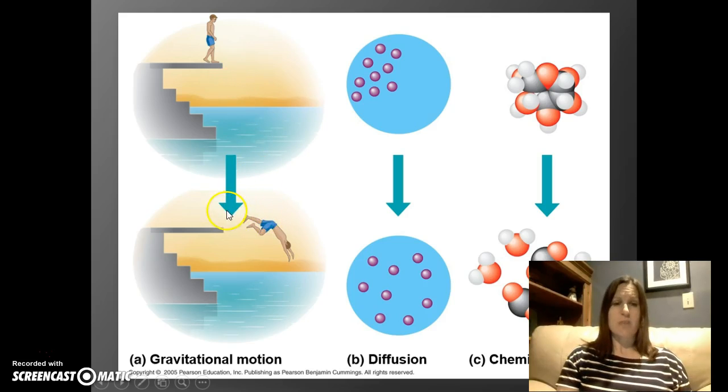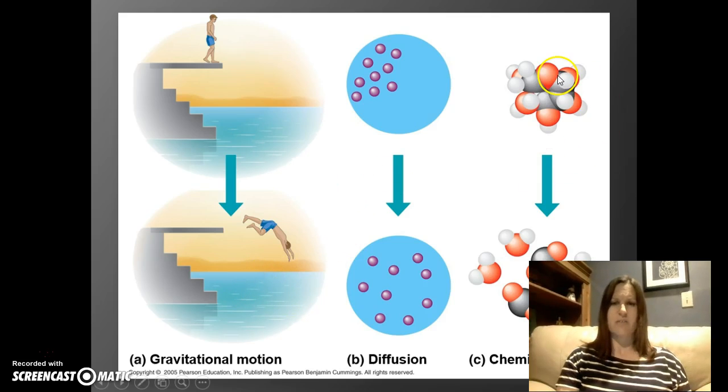And he jumps, and gravitational motion converts that potential energy into kinetic energy. Now we have less available energy, because once he hits the water, we don't have as much energy, but more stability.